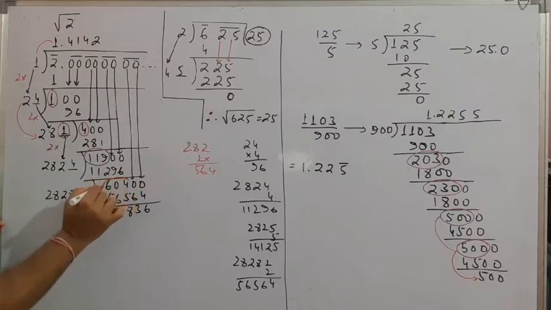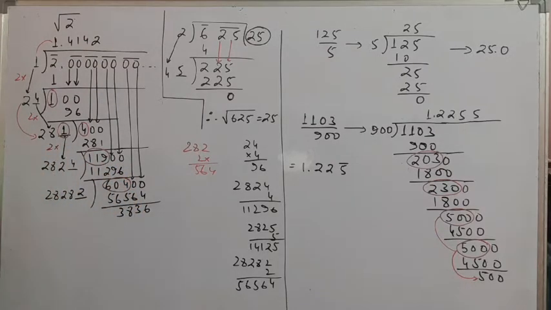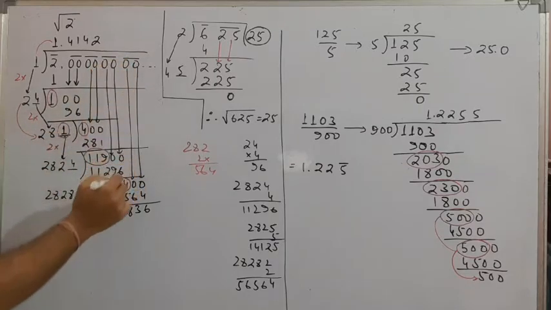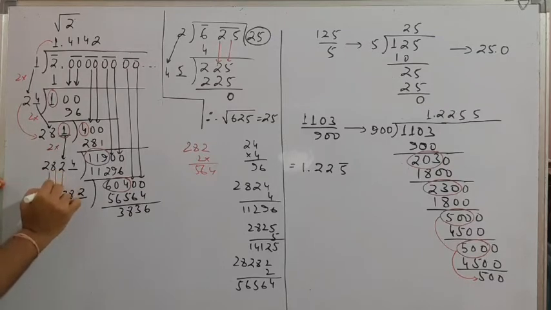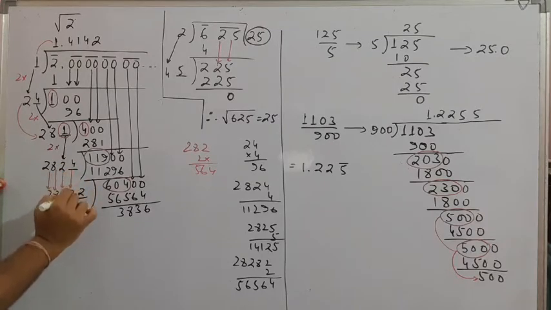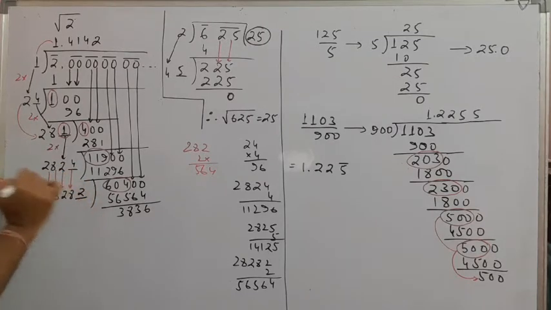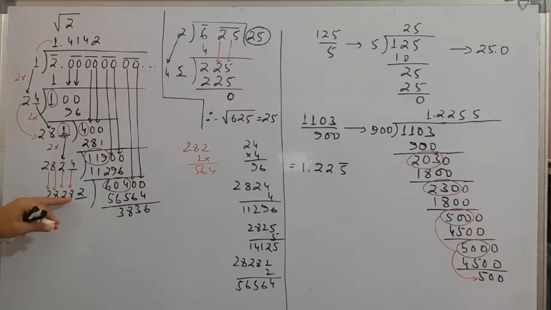Now the remainder equals 604. This pair of digits will come. Now it becomes 60,400. So I have to write 2, 8, 2, double of this. 4 2s are 8, and I have to keep this place alone. That means it is 20,208 into something, 81, 82, 84 in this way.